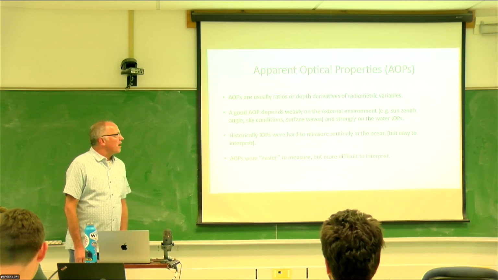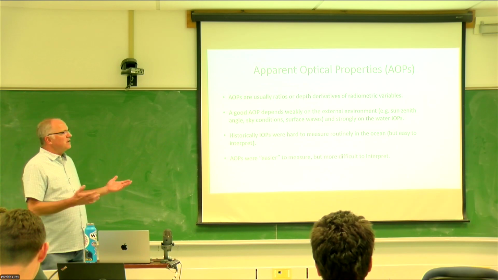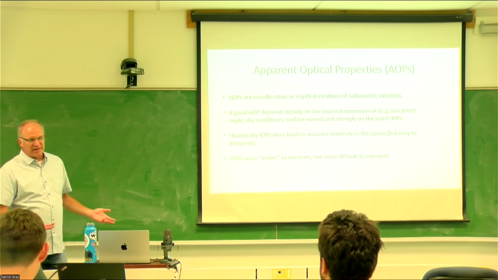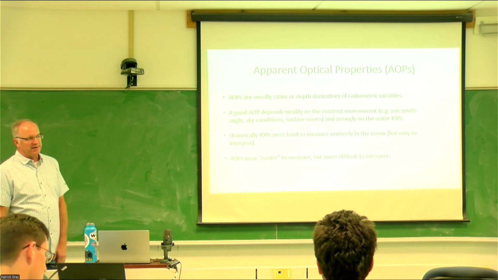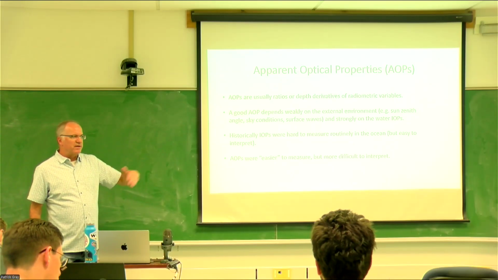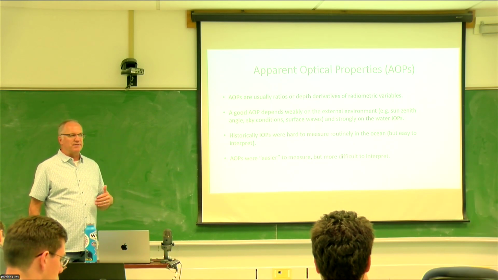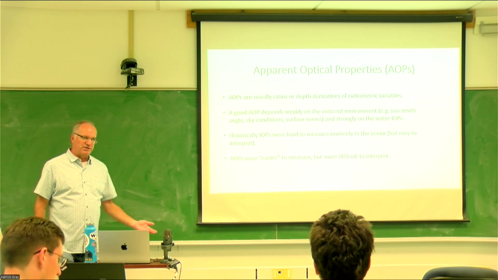So, apparent optical properties. The AOPs are usually, as you'll see, ratios, as in reflectances, or depth derivatives of radiometric properties. You saw that yesterday a little bit: just taking a depth derivative of different radiometric properties is a way to understand what's going on in terms of the light field change underwater.